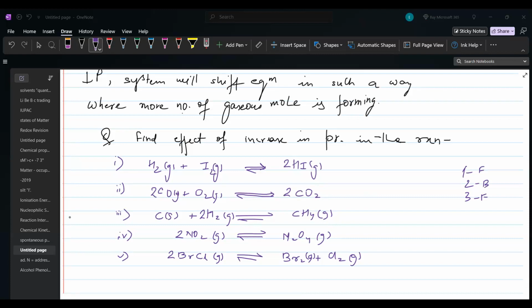In each and every case, effect of temperature or pressure or concentration, the system wants to resist the change. It wants to remain in equilibrium.